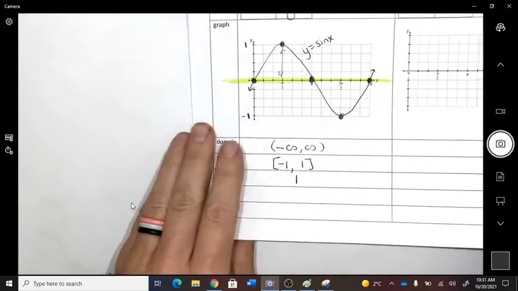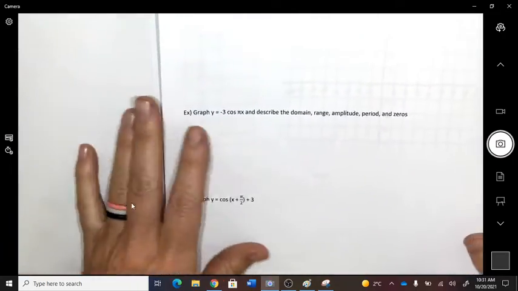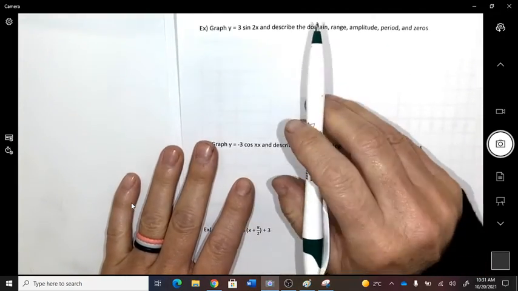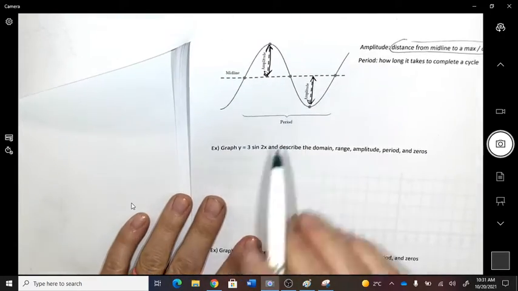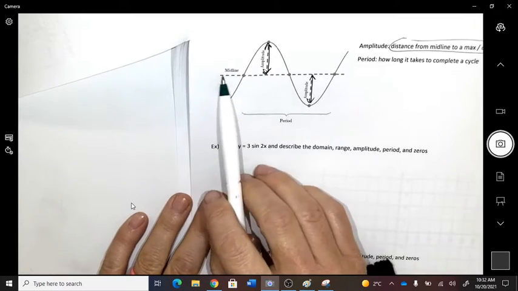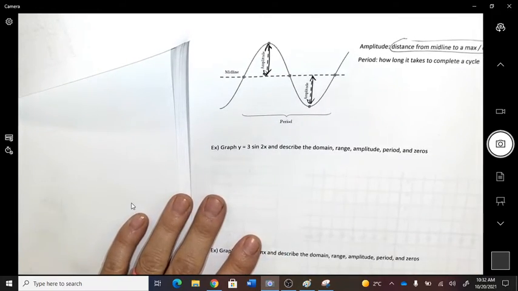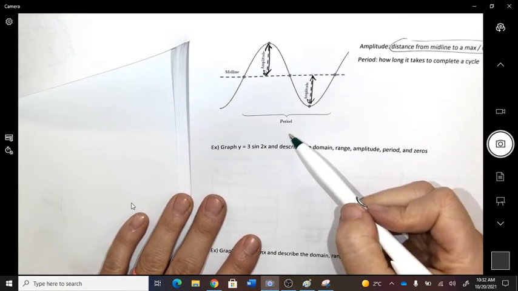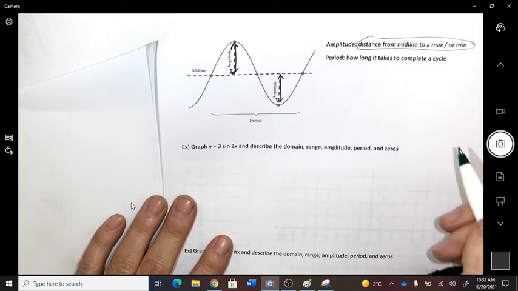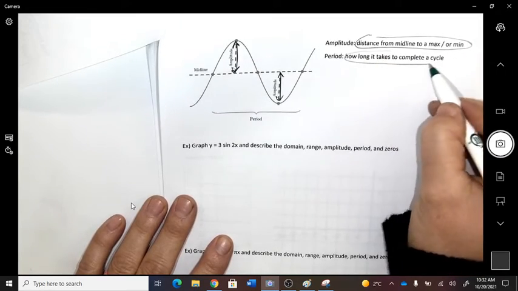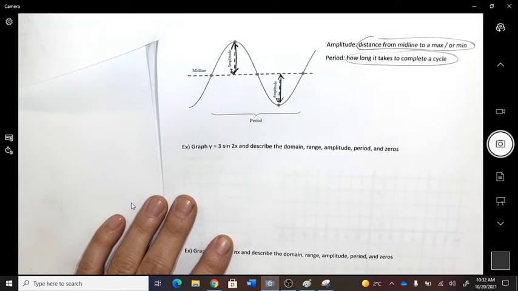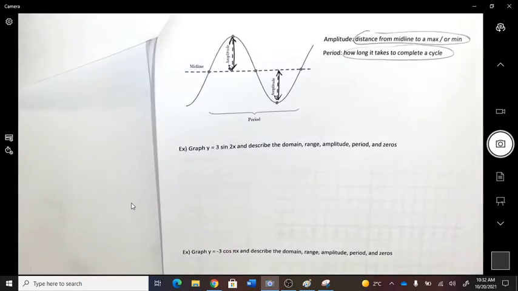Looking back at this definition page, I also have the word midline. That's pretty straightforward. It's going to be smack dab in the middle of this thing. And the word period is how long it takes to complete a cycle, so a full wave before you start repeating.